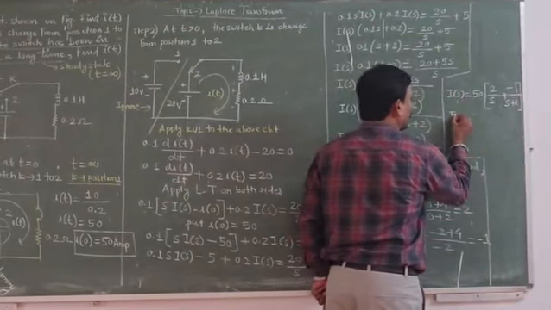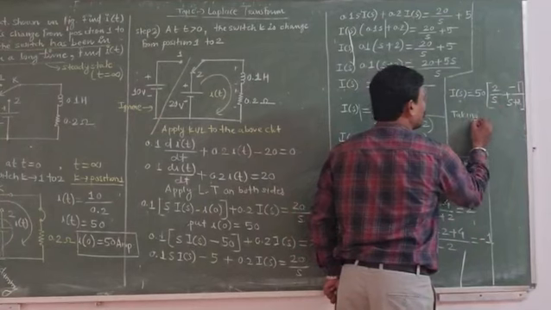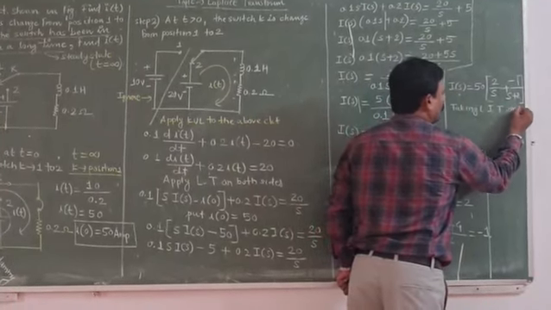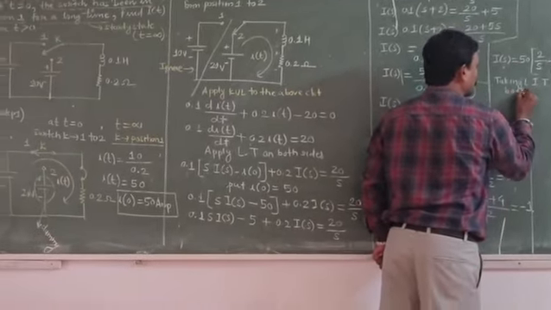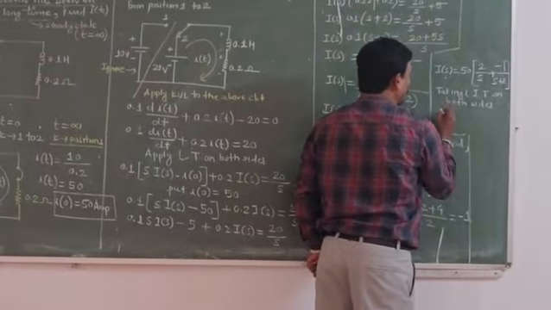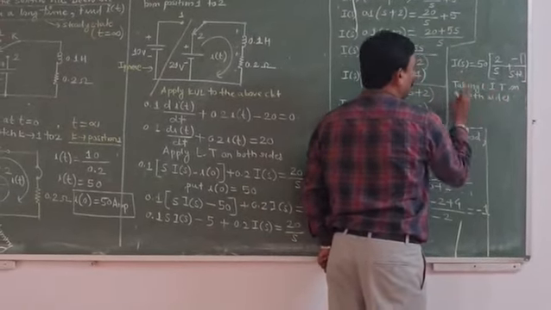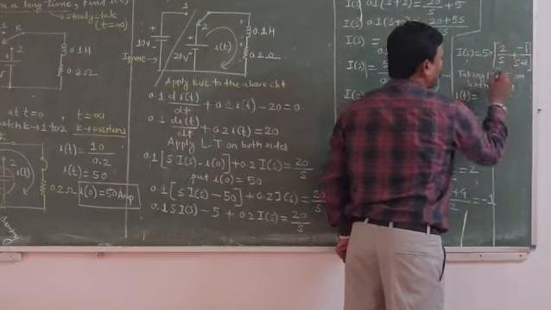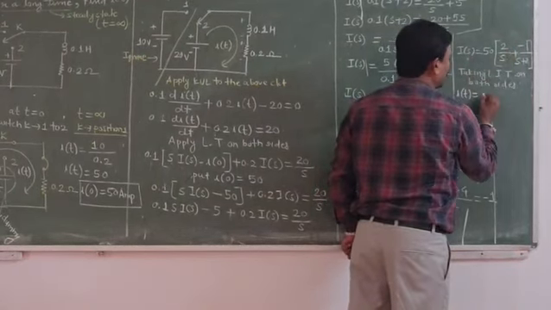Now taking Laplace inverse transform on both sides. Therefore, the inverse Laplace transform of I of s is I of t equals to 50 multiplied by 2, that is 100.